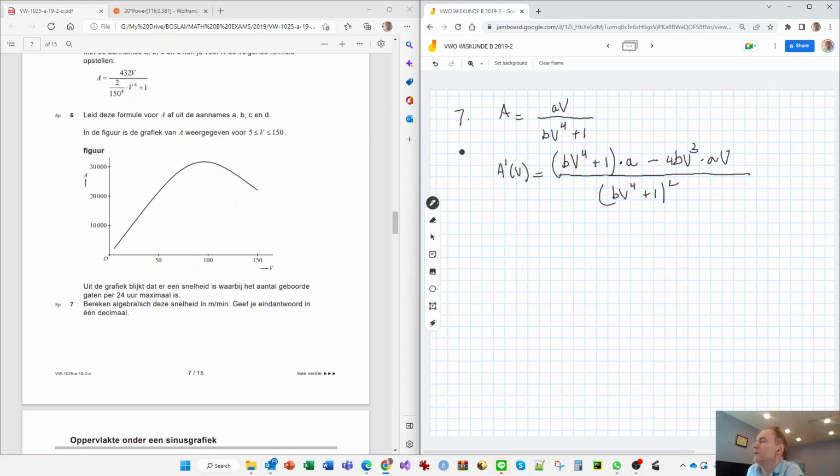So, there's actually a common factor a, so I can already pull that out, and I get 1 power 4 of v, and oh no, 2 actually.